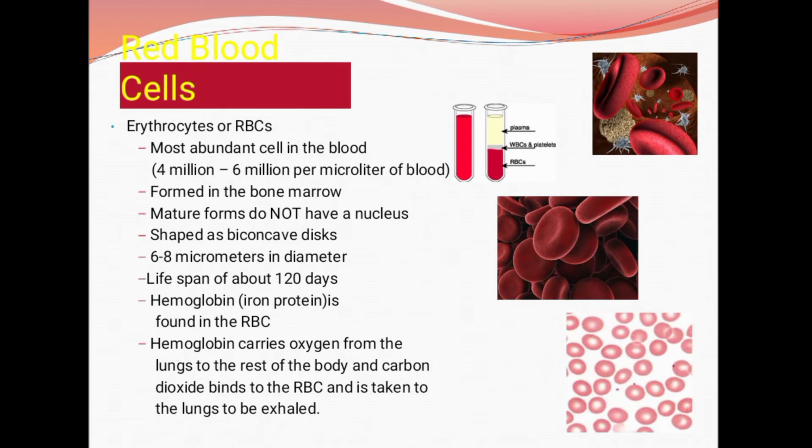Its shape on maturation is a biconcave disc-like structure, and its diameter is about 6 to 8 micrometers. Lifespan is about 120 days, and hemoglobin, that is an iron protein and the red pigment that imparts the red color to the RBCs as well as the blood, is found in the RBCs.